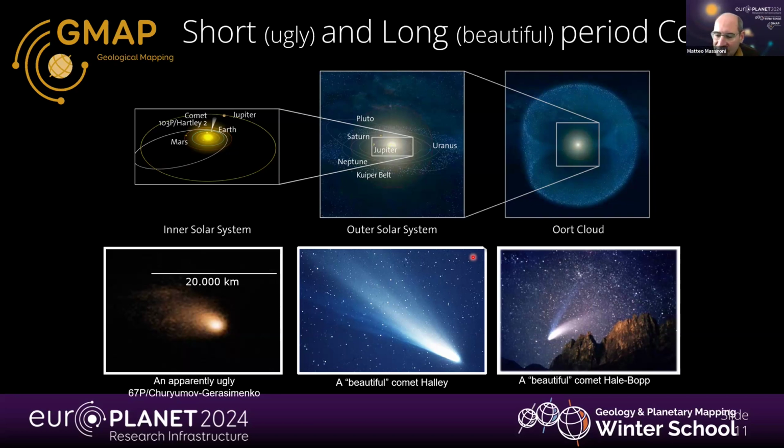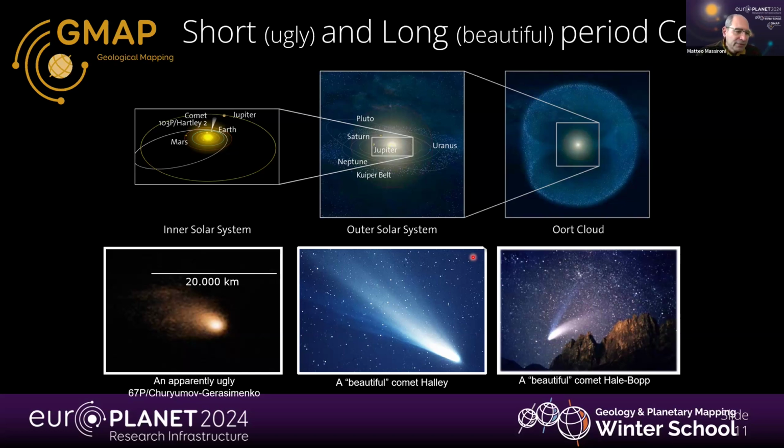And Hale-Bopp, which is not even a periodic comet, came from very far, and it was seen by naked eye with two tails. You see the ion tails, which are directed away from the sun, and the dust tail, the white one, which follows the orbit.